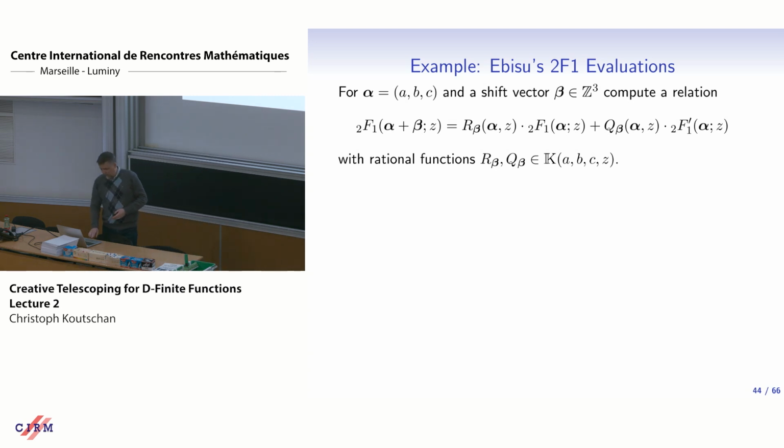And in particular, I had shown you that, so we have here this ABC that I abbreviate here with alpha, that if we compute the recurrence with respect to A, we get a second order recurrence, and similar for B and C. That at first glance could give you the idea that maybe this has holonomic rank 8 because this multiplies, but in fact something similar to what I showed you on the previous slide happens, that actually the rank is much smaller, because when you compute the Gröbner basis, then things combine nicely and get smaller.